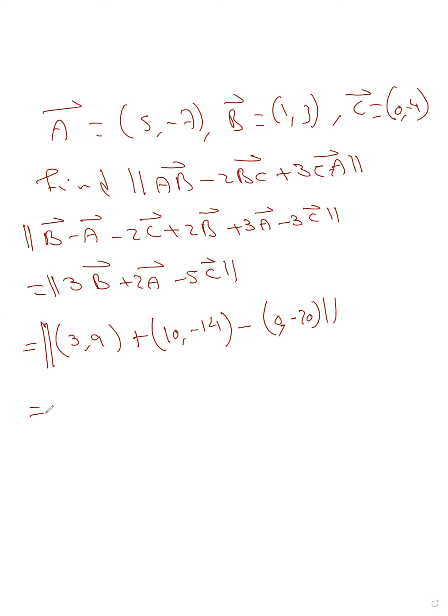Add them first, then find the norm. 3 plus 10 is 13. 9 minus 14 is negative 5. Negative 5 plus 20 is 15. The norm is 13 squared plus 15 squared.